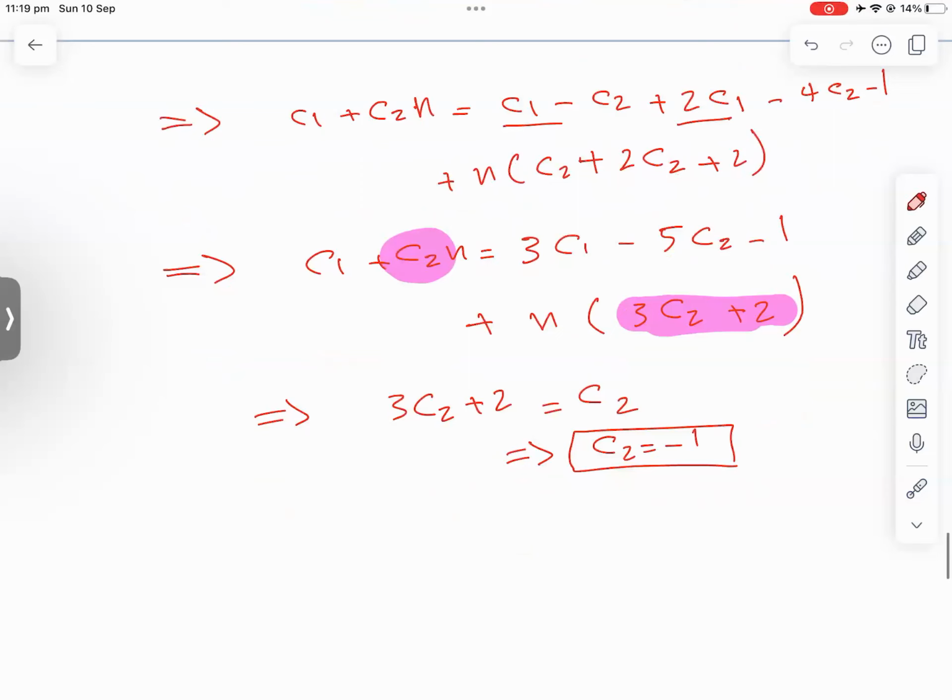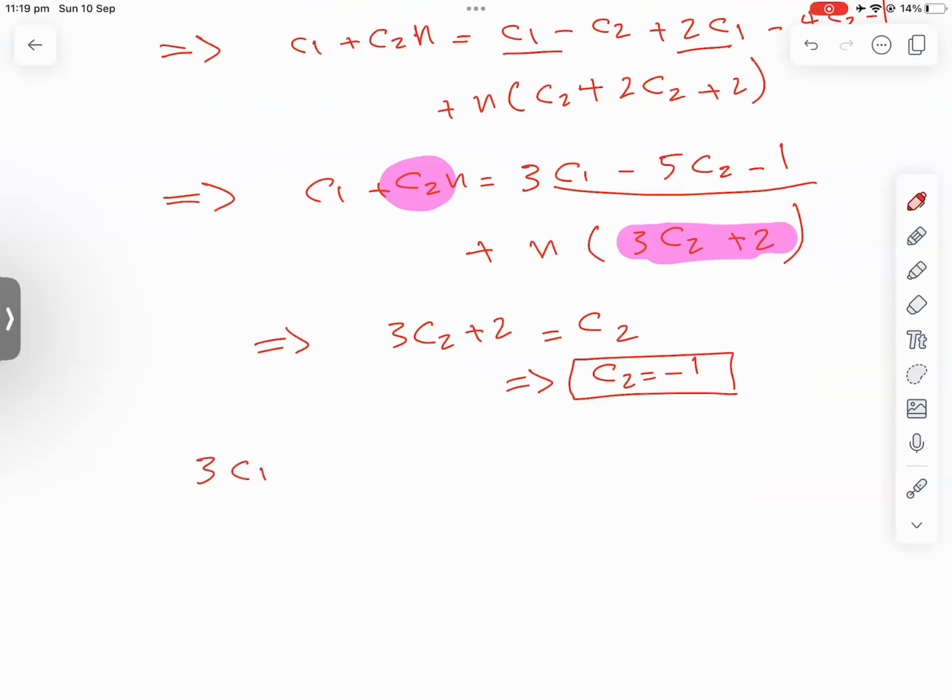And from here now, 3C1 minus 5C2, which is minus 1, must be equal to C1, which is this constant. So the constant of the left-hand side equation equals the constant of the right-hand side. The coefficient of n, C2, on the left-hand side must be equal to the coefficient of n on the right-hand side, which is this one.